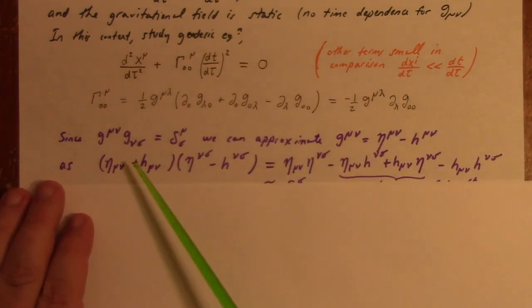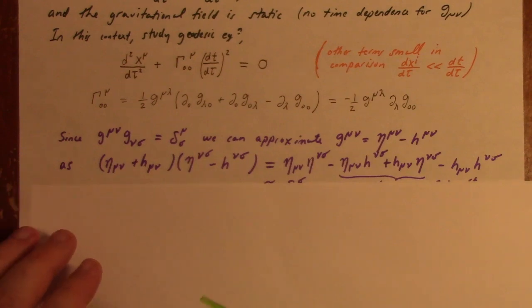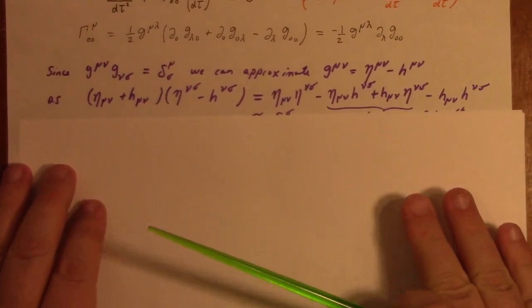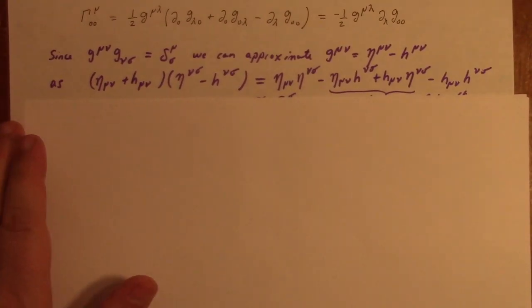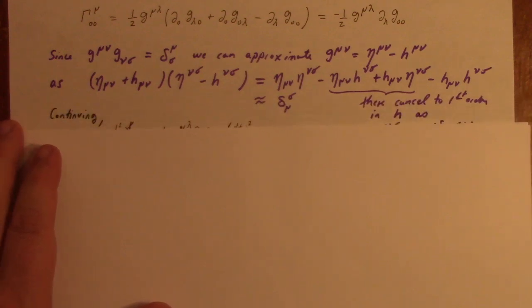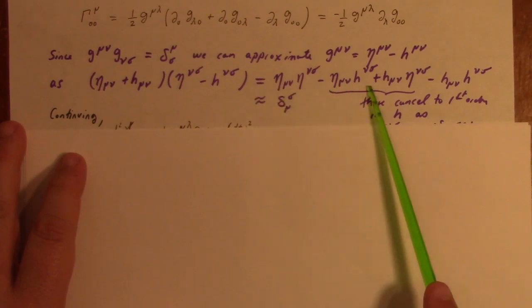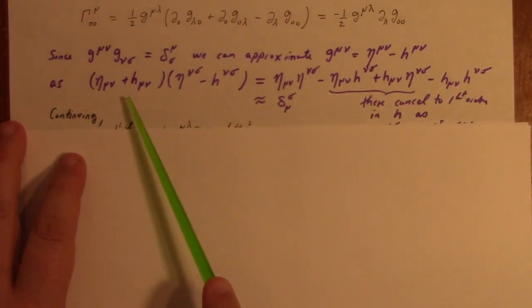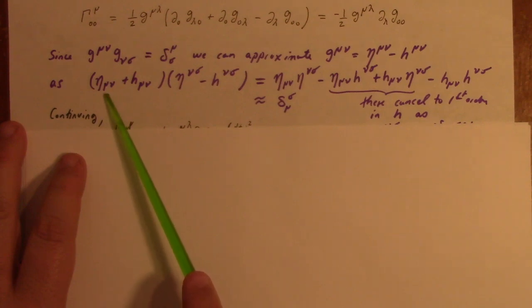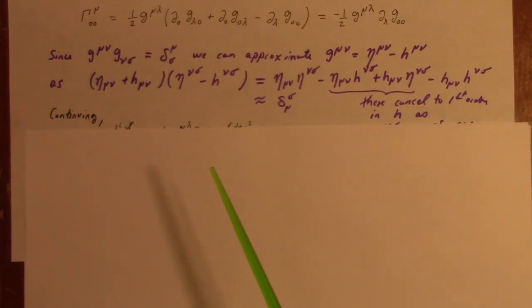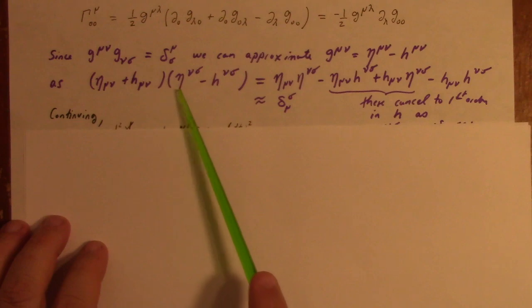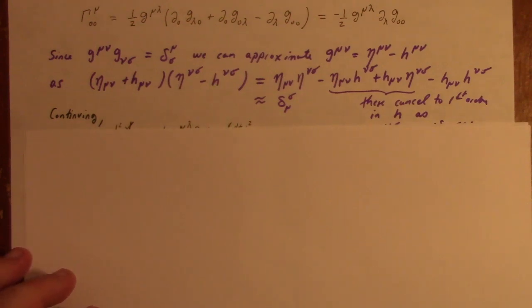But since g mu nu contracts to the Kronecker delta, it follows that you can write the inverse metric as Minkowski plus h, because when you multiply these two together, if you ignore higher terms in h, you just get back to the Kronecker delta, which means that to this approximation, to first order in h, eta plus h is the inverse of eta minus h, all right?